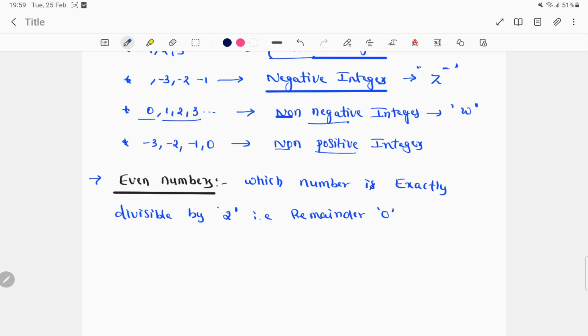Exactly divisible in the sense remainder is 0. Then the number is called an even number.